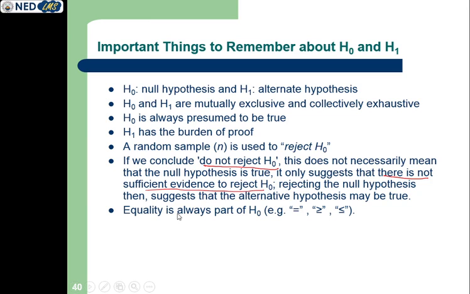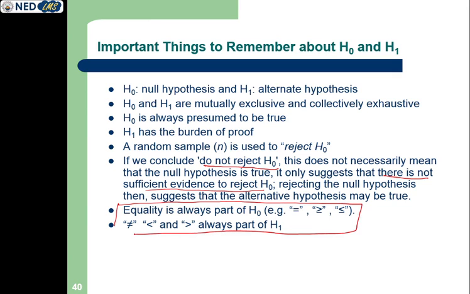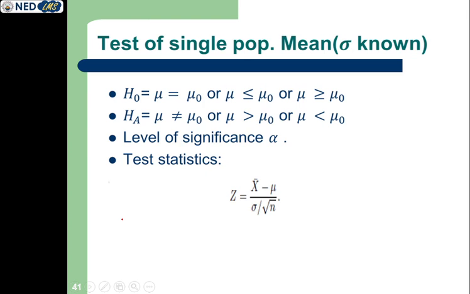Now see this one: equality is a part of the null hypothesis, equal to, greater than or equal to, less than or equal to, as we already discussed. The null hypothesis is always defined in the form of equality, and the alternative hypothesis is always defined in the form of inequality: not equal to, only less than, only greater than. These two lines are very important, as already discussed in the above part.